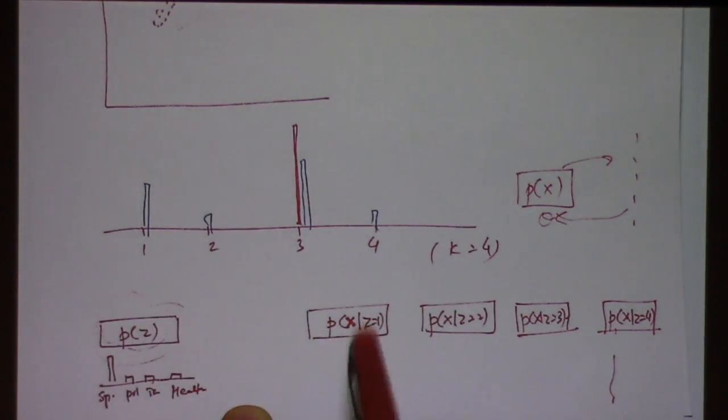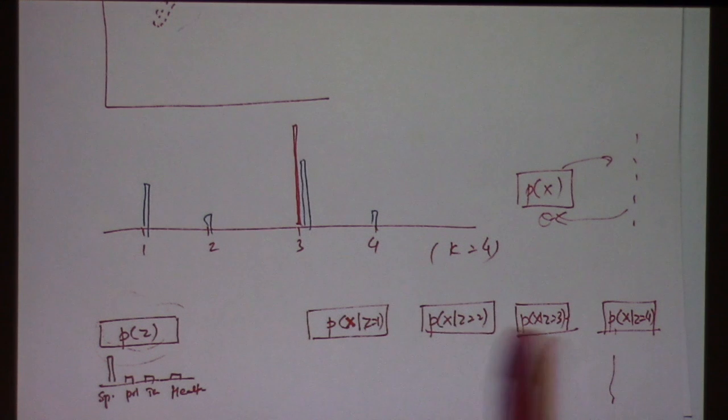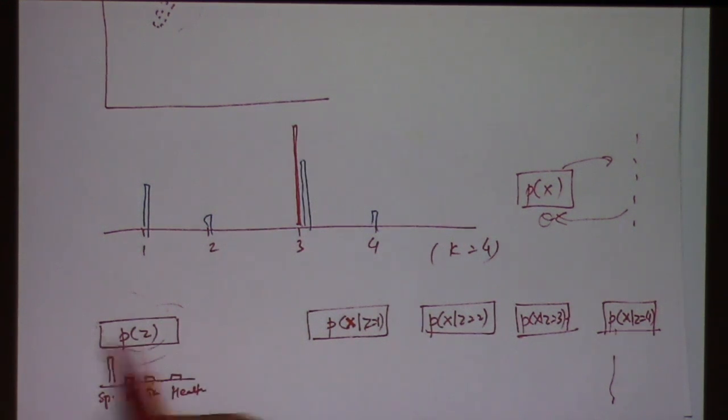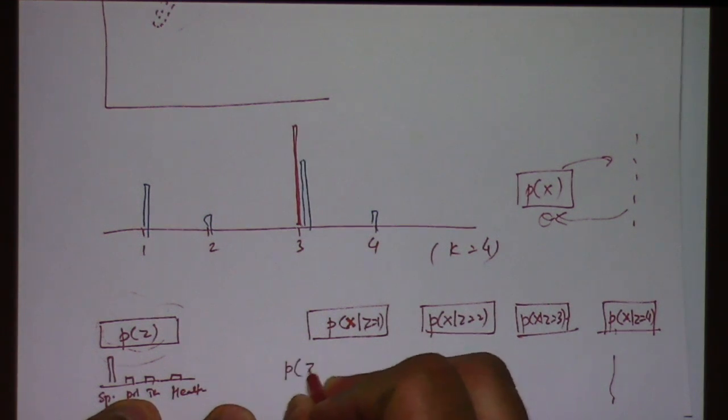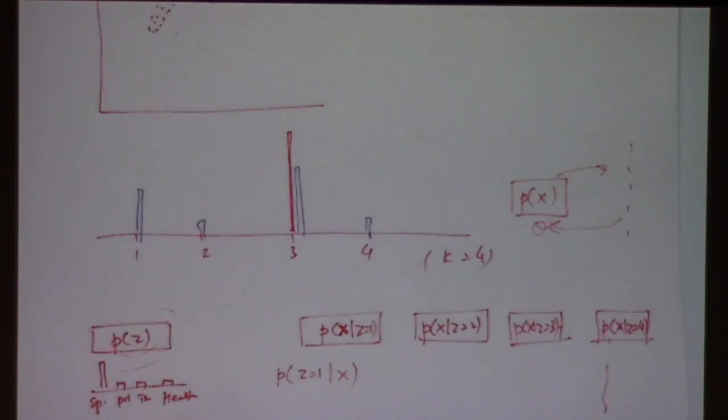And the reason, okay, so that's sort of the idea. And the way it will help us for clustering, for instance, is that if you could do that, then you can figure out, okay, for every data point, which z did it come from, right? And since this is all probabilistic, what you will do is you will be able to find what is the probability of z equal to 1 given x.